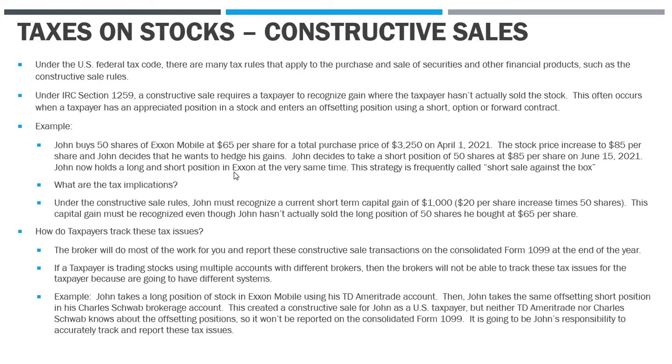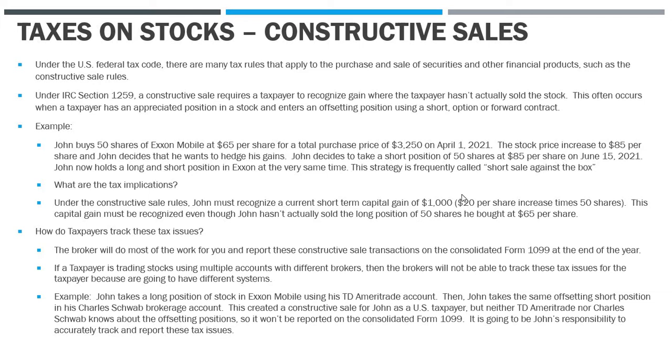So what he does is he takes a short position, 50 shares at 85 a share on June 15th, 2021. Now, what does John's portfolio look like? He has a long position and a short position in the same security. He's long 50 shares at 65, and he's short 50 shares at 85.